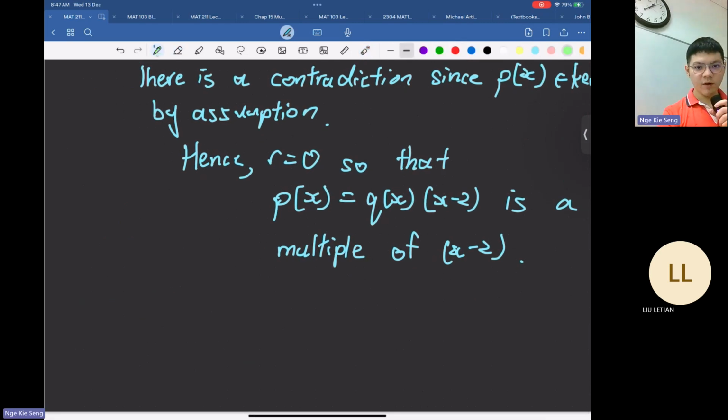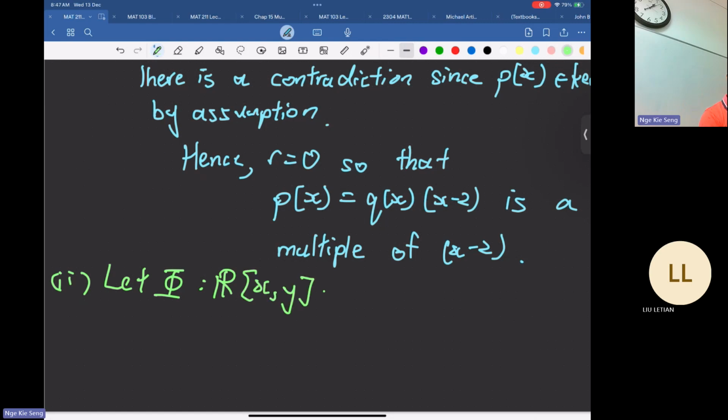Let's do one more exercise. Maybe we'll take a break after that. So let's define another capital phi from the polynomial ring R[x,y] to R[t], fixing R again. What's this map here? I need to tell you where the x and y go.